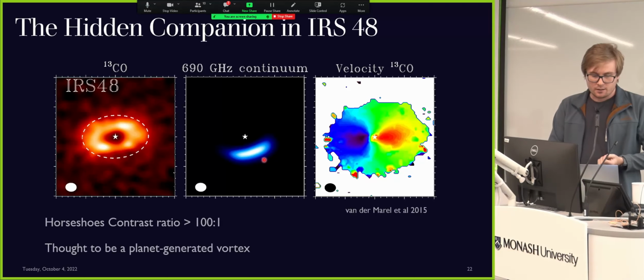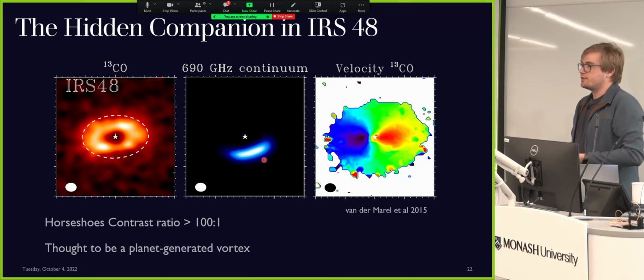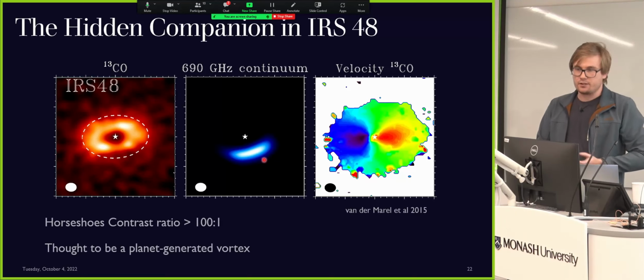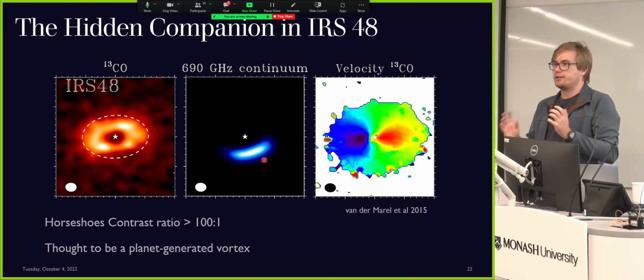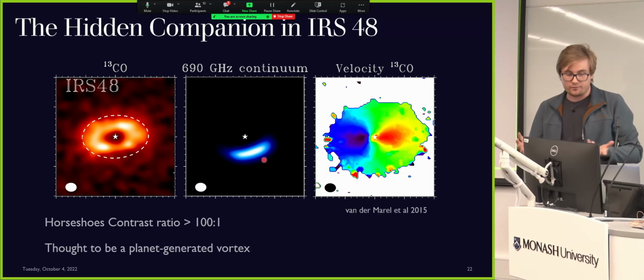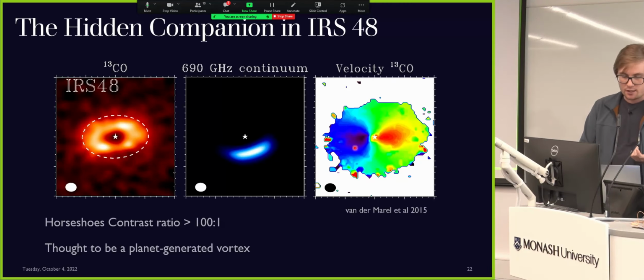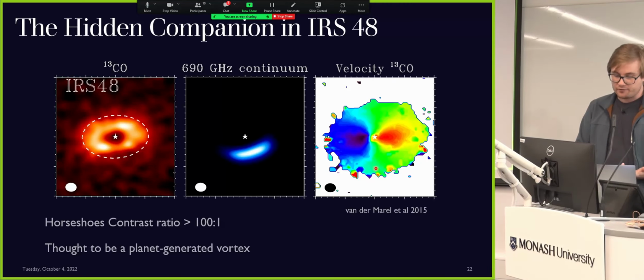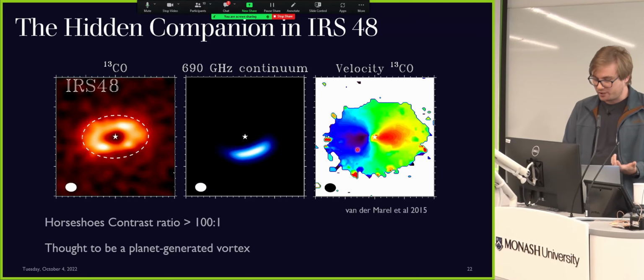And this kind of lent credence to the idea of planets carving deep gaps and generating vortices and making these asymmetries. But we have additional information on this source, such as the velocity field, that shows that there are strong perturbations in the disk.